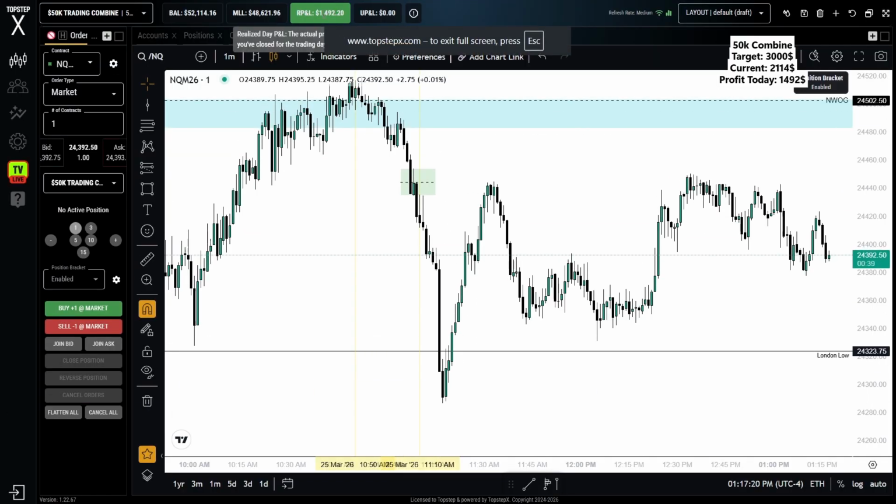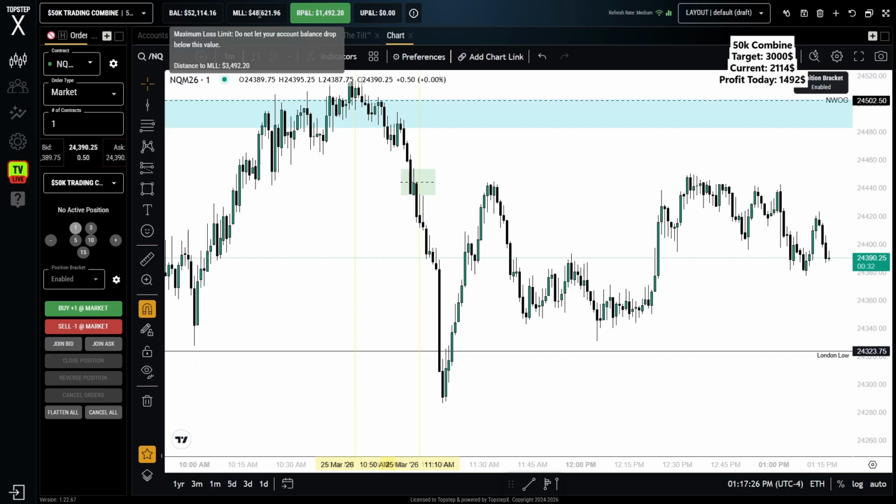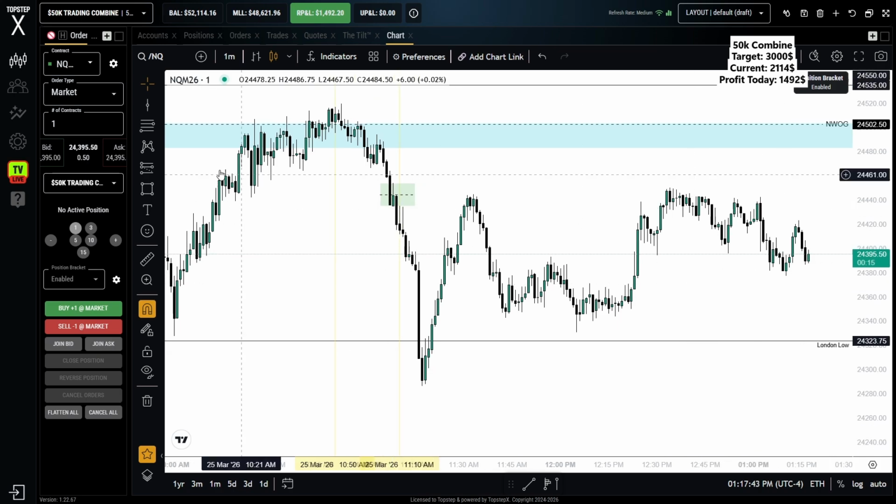This is the profit, and this is my live trading combined with TopStep, and my minimum loss is this. I made like $1492. So I have around 880-something dollars to go to consider myself passing this combine.